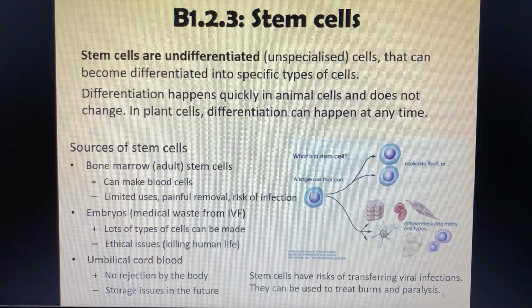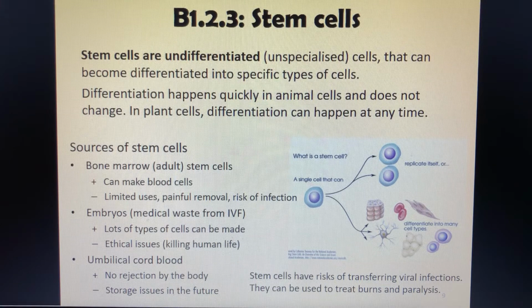Okay, there won't be any rejection by the body of those cells, but there could be storage issues in the future. It will obviously cost money to have those umbilical cords stored, and it might be that you've had it stored for years and years and years, and then think, oh, can I afford to keep doing this? And then you might decide to have it destroyed, and then you might find you need it.